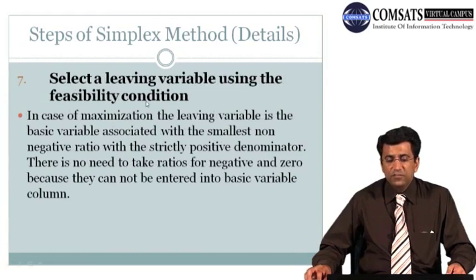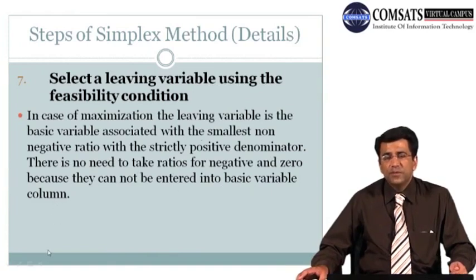Selecting a leaving variable using the feasibility condition, again we will have to find our exiting variable. After identifying the pivot row, the corresponding basic variable will be our leaving variable. In case of maximization, the leaving variable is the basic variable associated with the smallest non-negative ratio with a strictly positive denominator. There is no need to take ratios for negative and 0 values because they cannot be converted into a basic variable column.